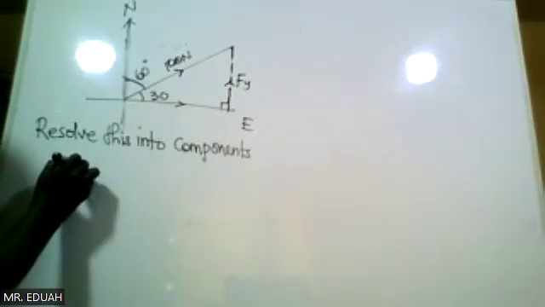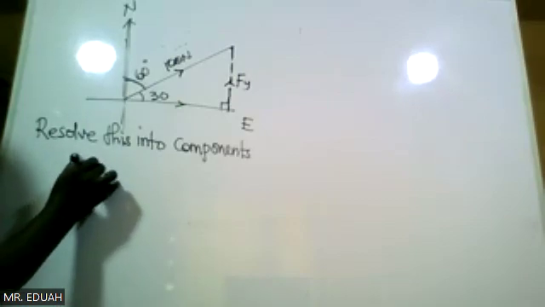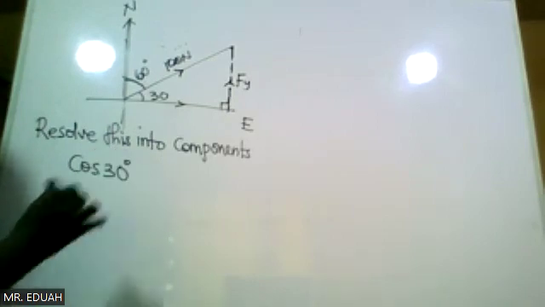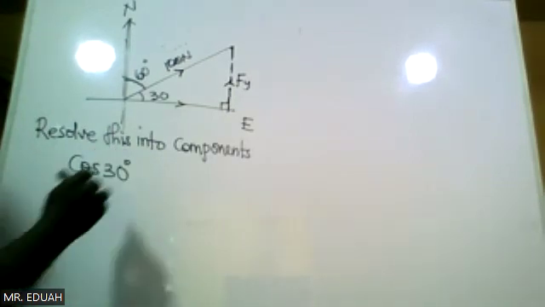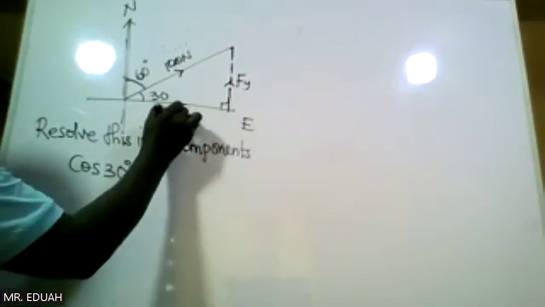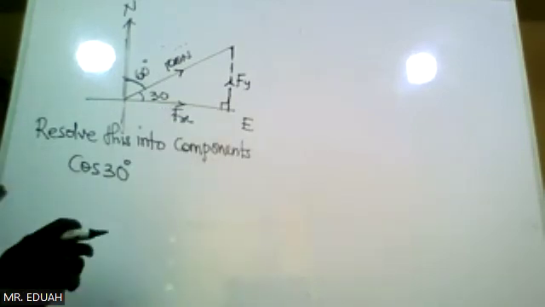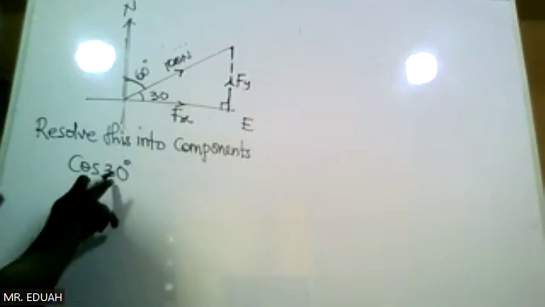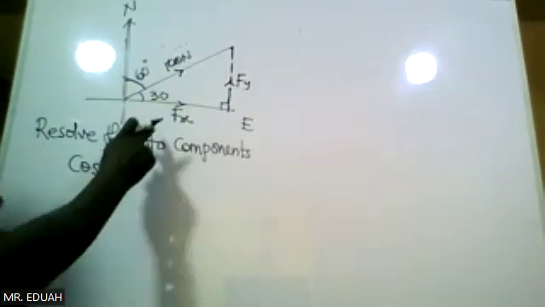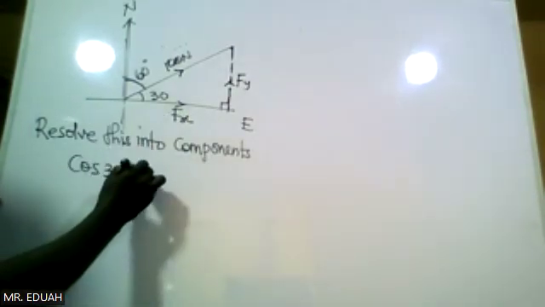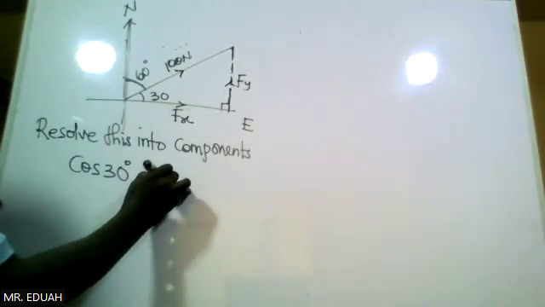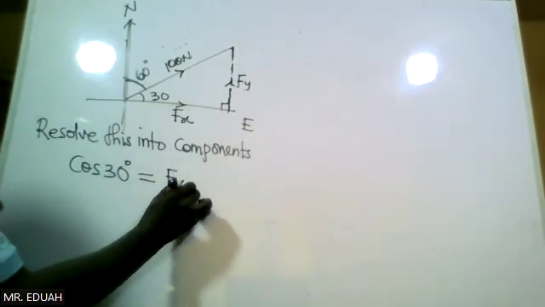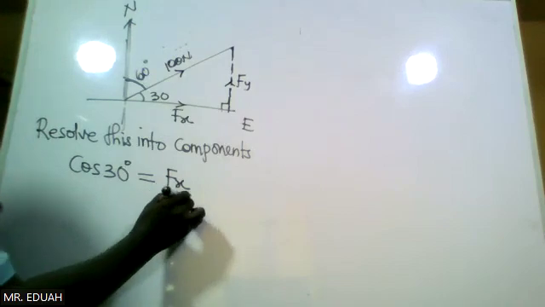So if I take cos of 30 degrees, this is Fx. Because if I want the x component, the appropriate trig ratio is cosine. So cos 30 will be equal to Fx divided by 100.